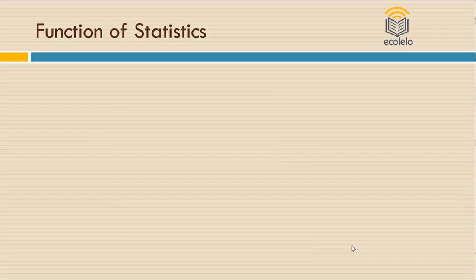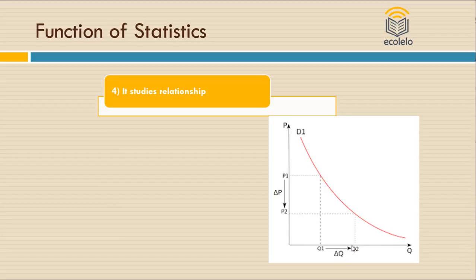Okay, next function, it studies relationship. For example, this picture. On the x-axis, I hope you all know this is the x-axis, Q represents quantity. And on the y-axis, we are measuring P, which means price. So when you study the relationship between price and quantity, it is a kind of statistics only.